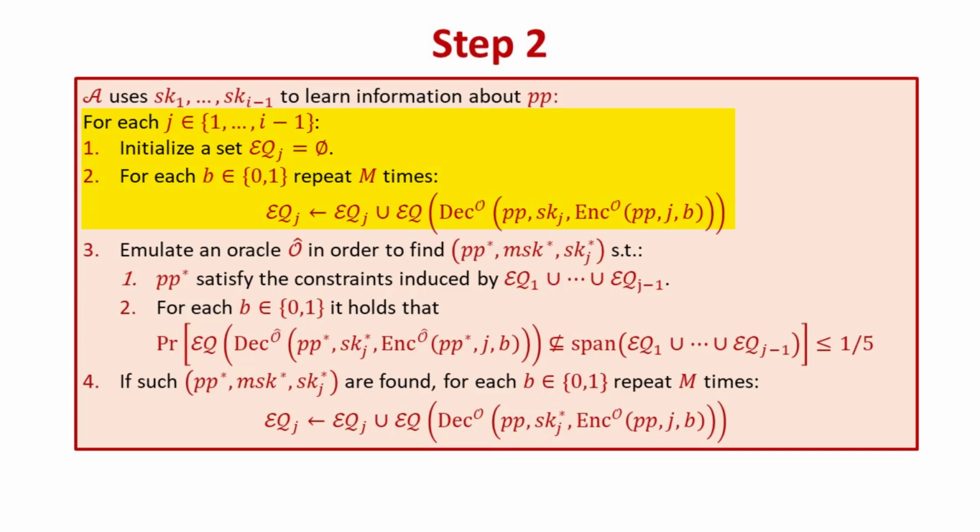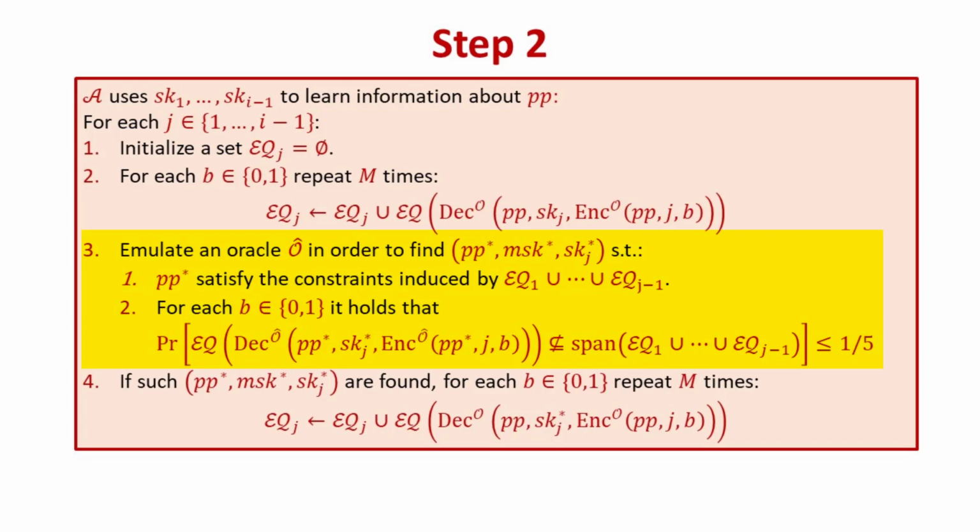For each j from 1 to I-1, the attacker finds the set EQj of equations that result from the positively answered equality queries when encrypting a random bit for the identity j and then decrypting it m times, where m is a certain polynomial.